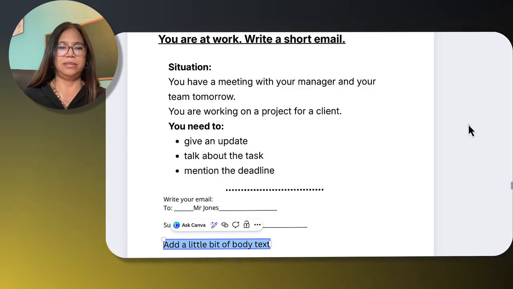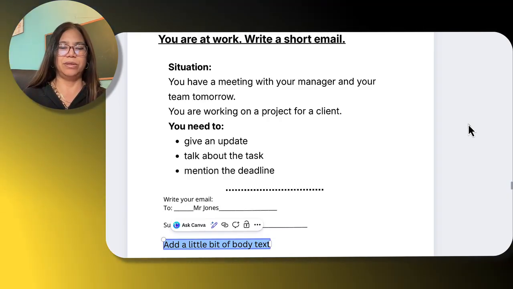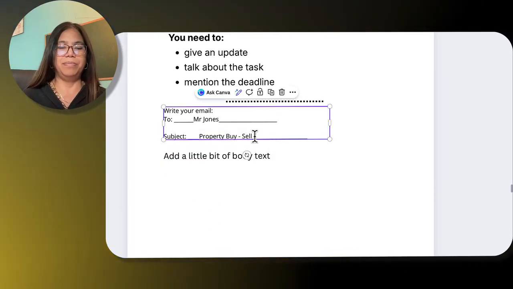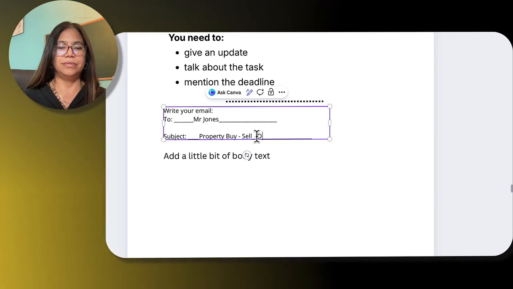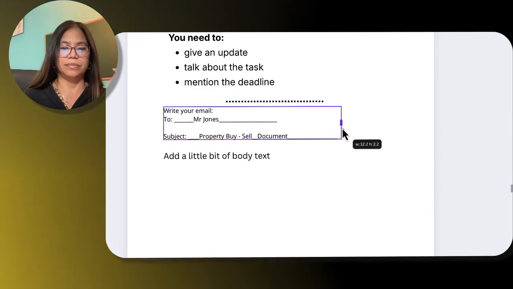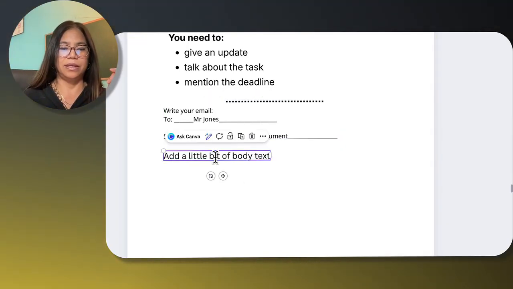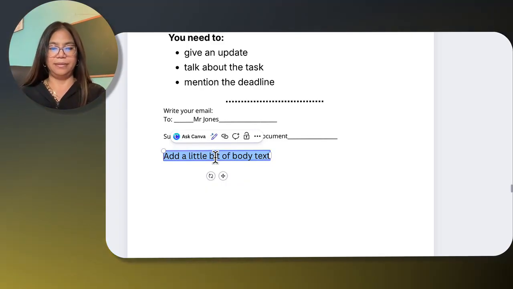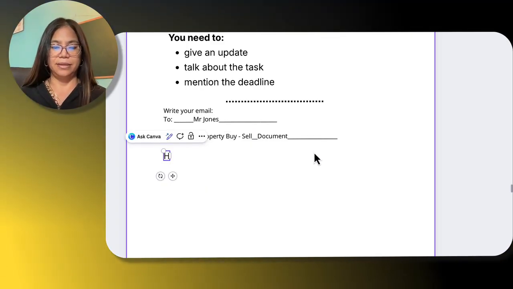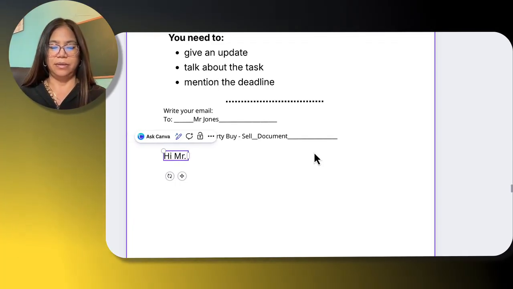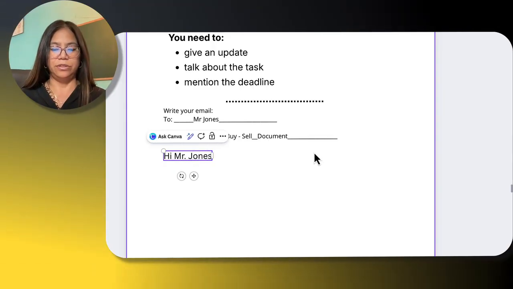It says you have a meeting with your manager and your team tomorrow. You are working on a project for a client. Okay, the buy-sell document. How would you begin the email? Say, hi, Mr. Jones.